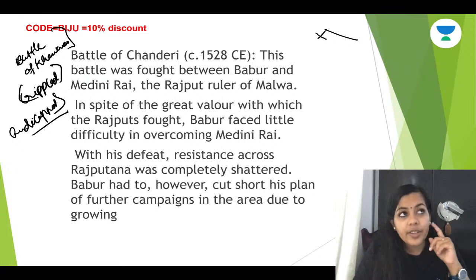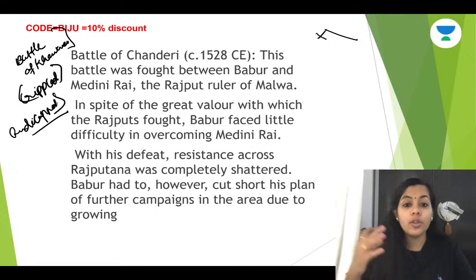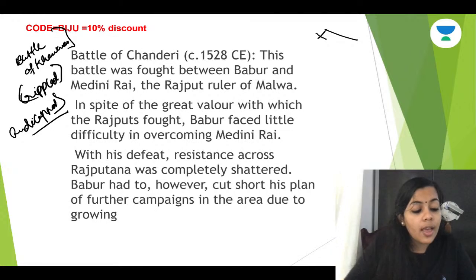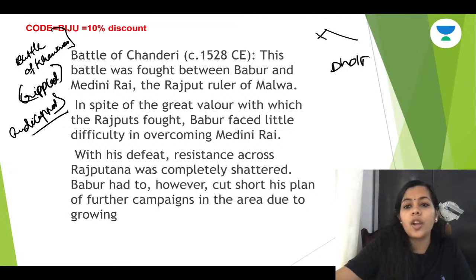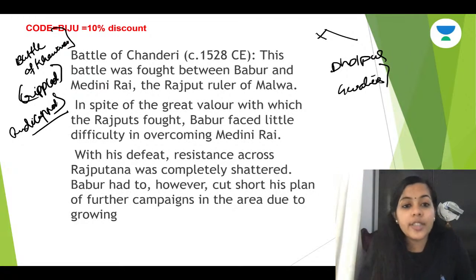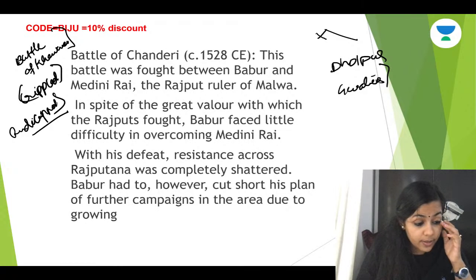So what happened? After this, Babur started to capture many forts. First he conquered Dholpur, and the fort of Gwalior, and so on. Babur started to conquer after the Battle of Kanwa. He wanted to further establish his kingdom, and he tried to acquire all these things.